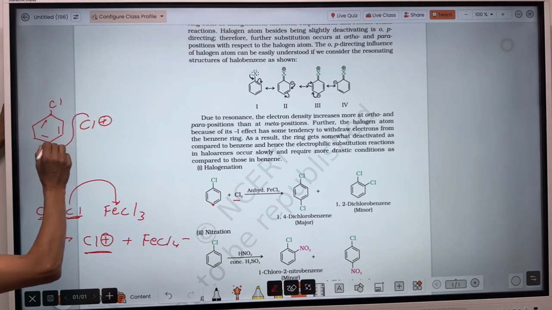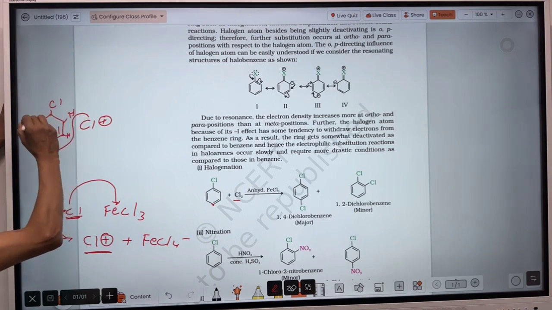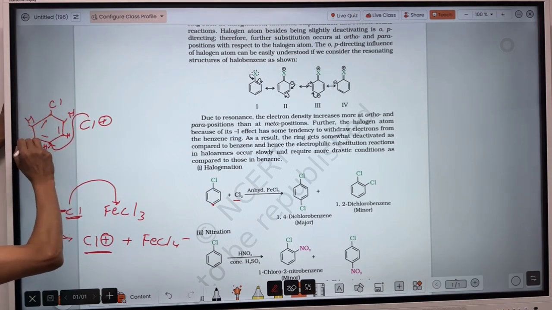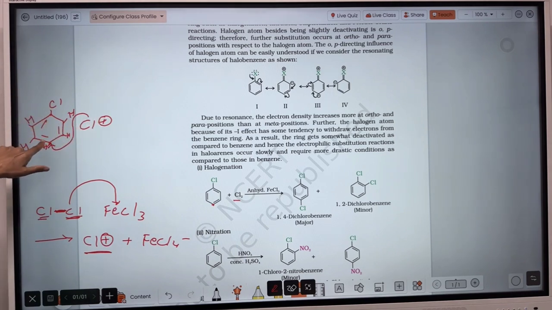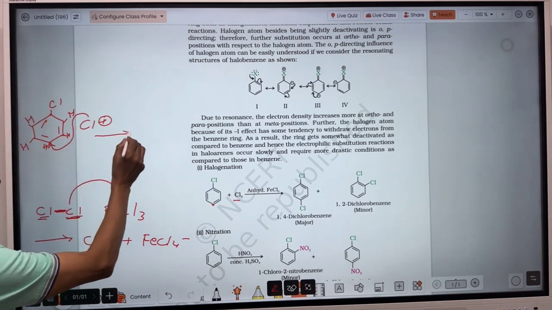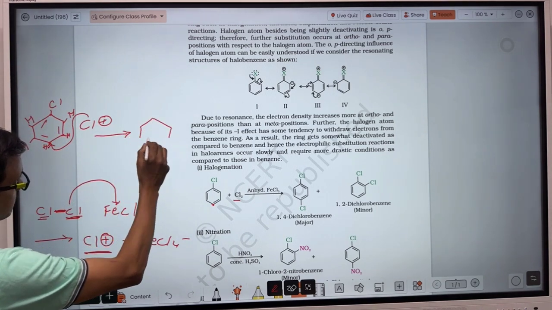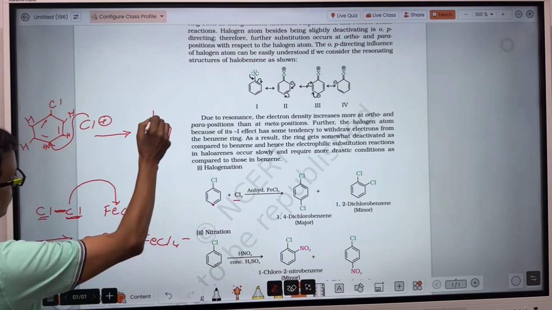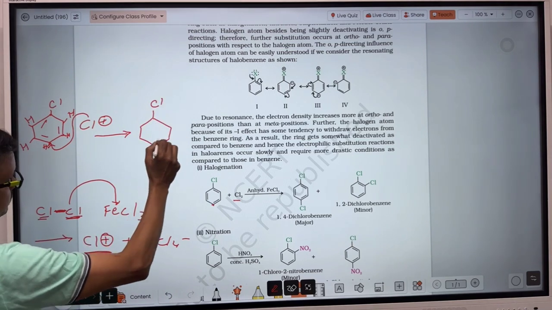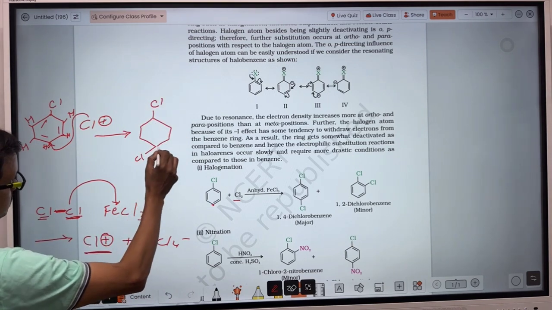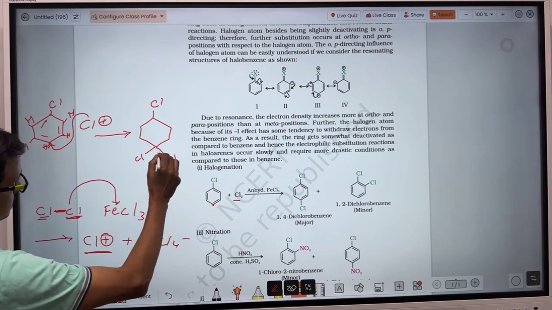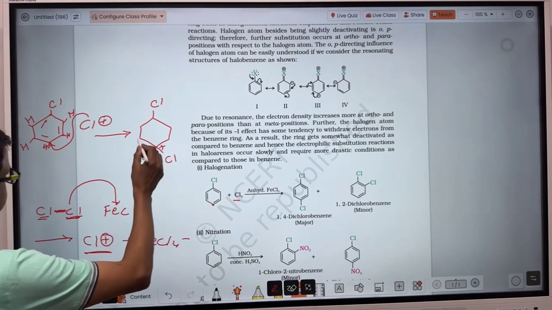Everywhere there is hydrogen here. So the Cl plus electrophile will attack the para position, and here there will be a positive charge.